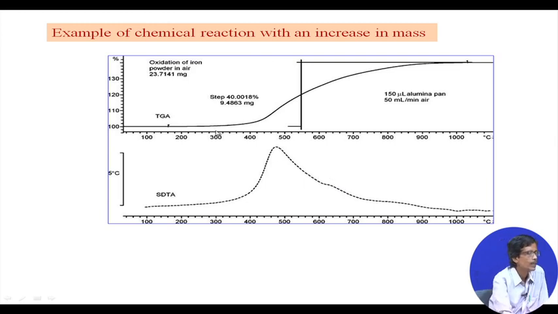And we have seen a particular type of SDTA technique, that if we go for the corresponding derivative one, and this derivative one is not very monotonous, that means if we supply an air passage of 50 milliliter of air per minute on the sample and we heat the sample, the derivative plot is giving rise to the corresponding change of temperature.